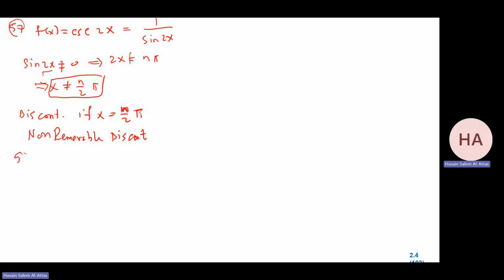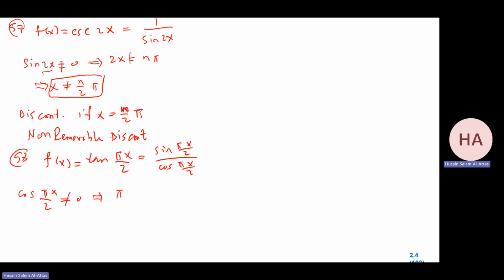I take 58, which is a little bit similar. f of x equals tan pi x over 2, which is sine pi x over 2 over cosine pi x over 2. I need to avoid the denominator being equal to 0. I know cosine is equal to 0 at pi over 2 plus n pi. So pi x over 2 is not equal to pi over 2 plus n pi, because it will be pi over 2, 3 pi over 2, 5 pi over 2, and so on, which are the odd ones.